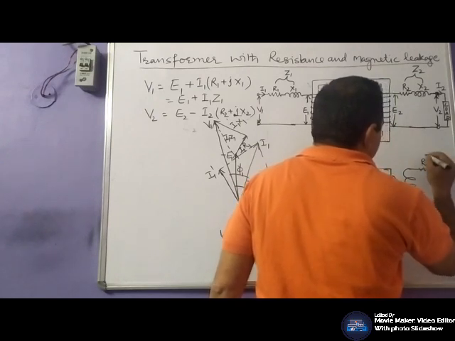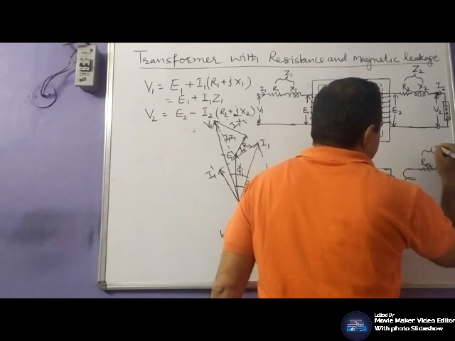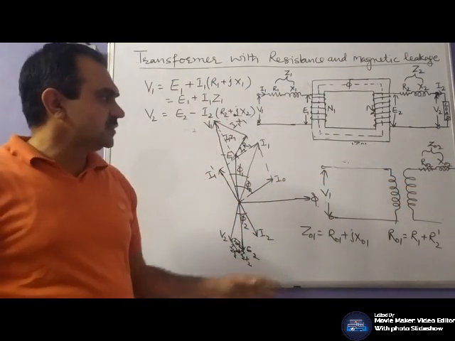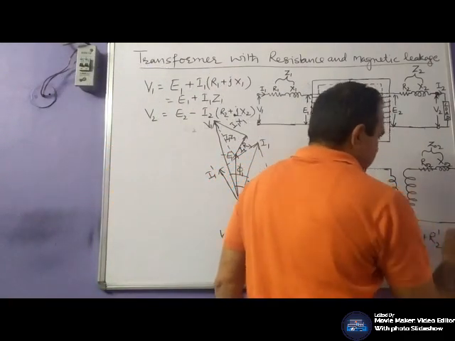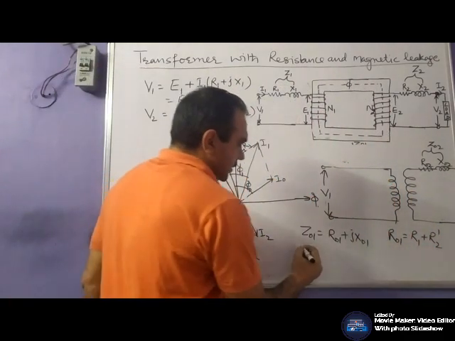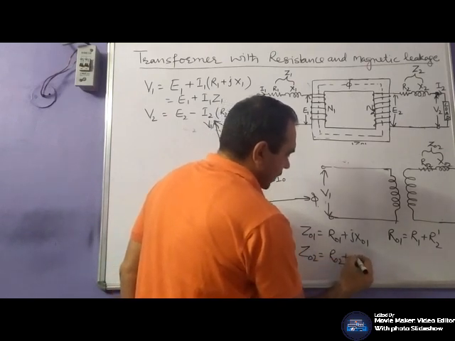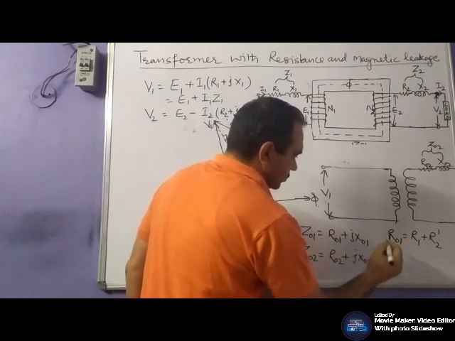Equivalent resistance and equivalent reactance. We will transfer these resistances and reactances on the secondary side. Z02 would be R02 plus jX02.